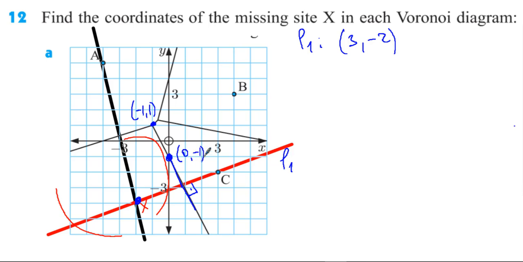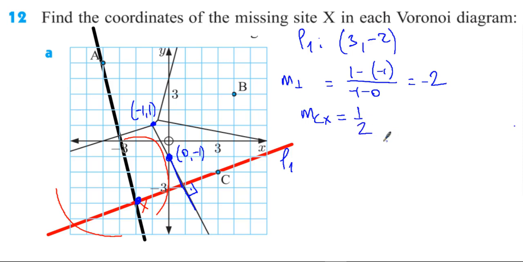The gradient is 1 minus minus 1 divided by minus 1 minus 0, which will be minus 2. So the gradient of CX will be 1 by 2.